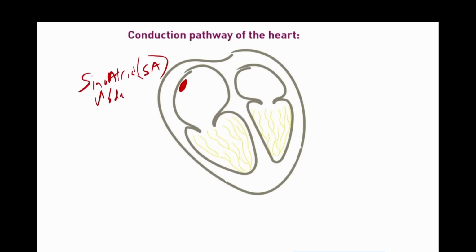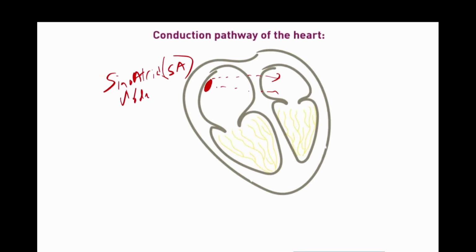When the SA node depolarizes, it sends a wave of depolarization to the opposite side because the left atrium has to beat too. It also sends signals to another structure located right here, and this is called the AV node, the atrioventricular node.